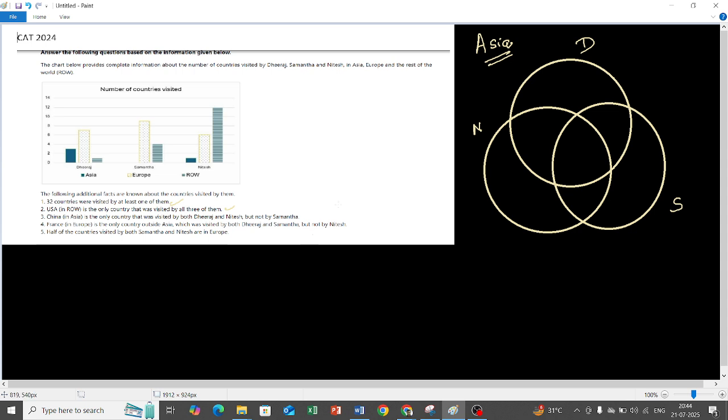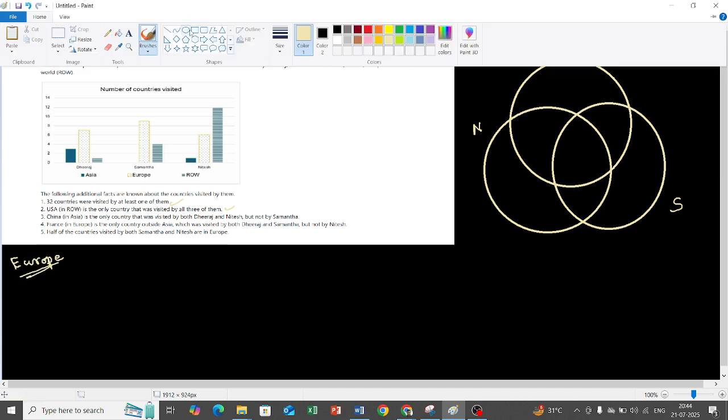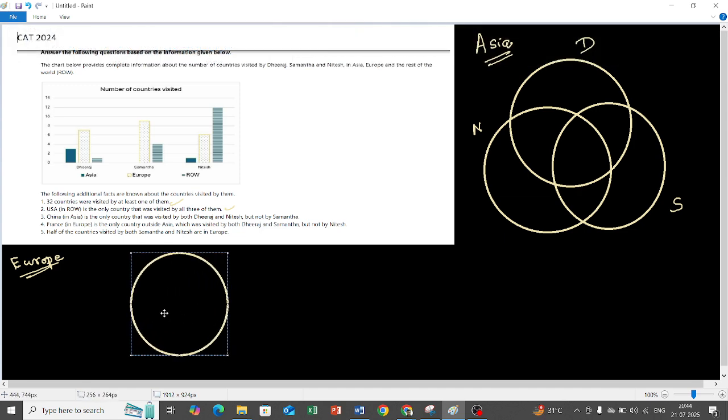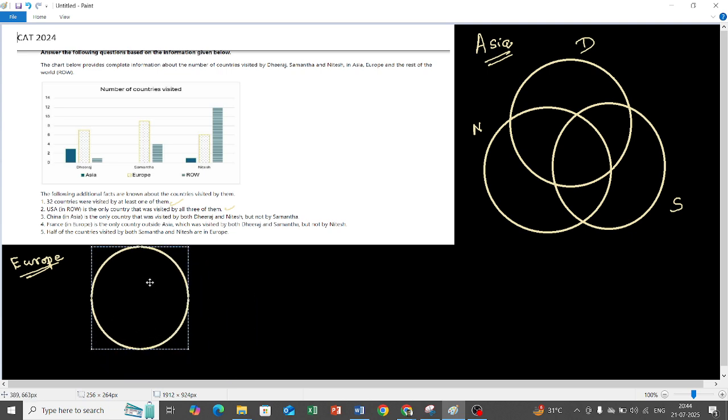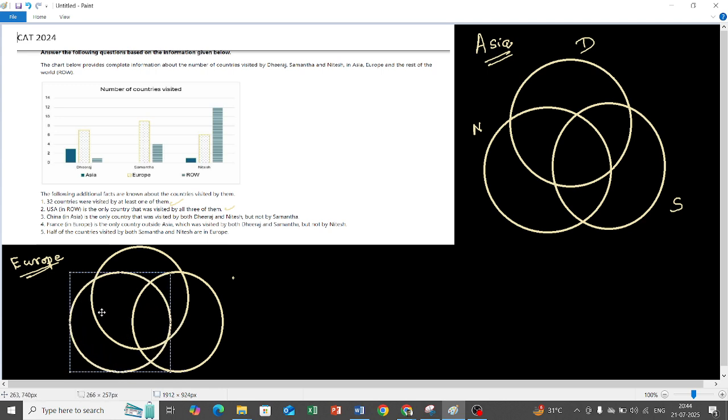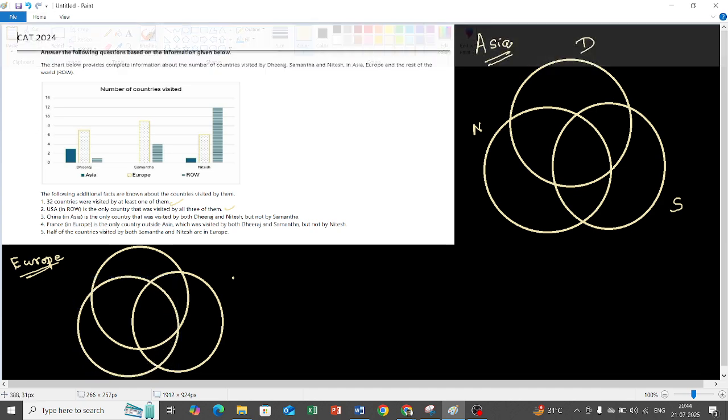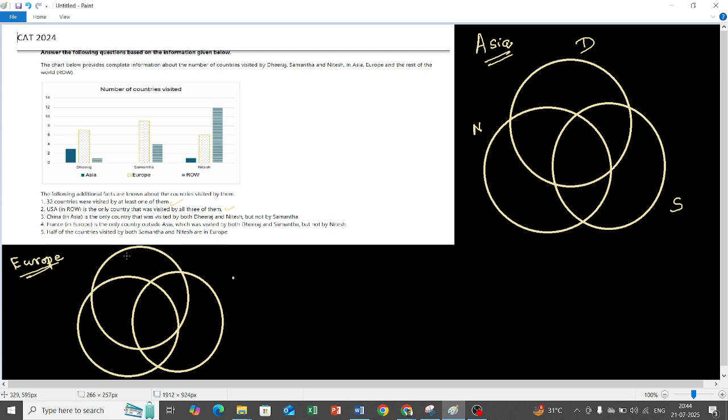Then we will make one for Europe, again with Dheeraj, Nitesh, Samantha.